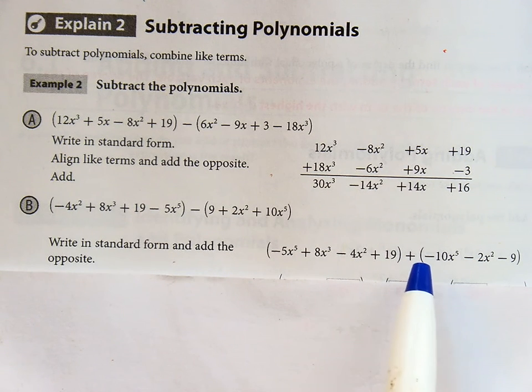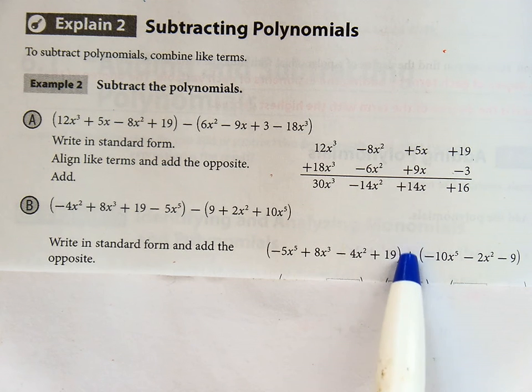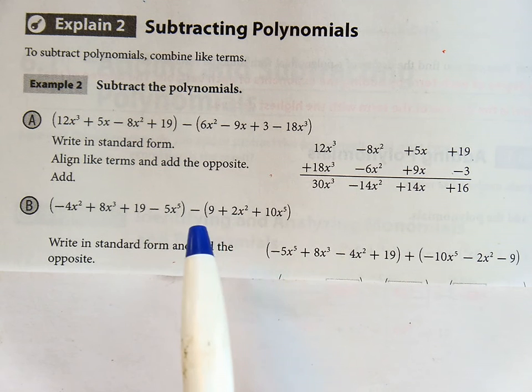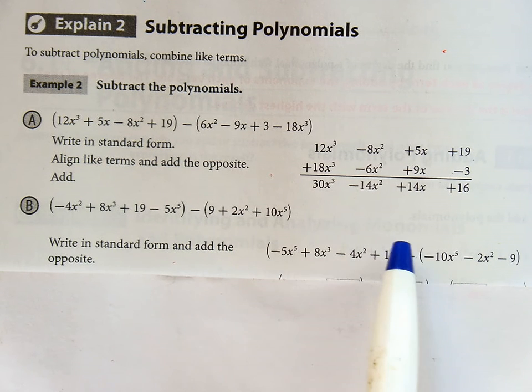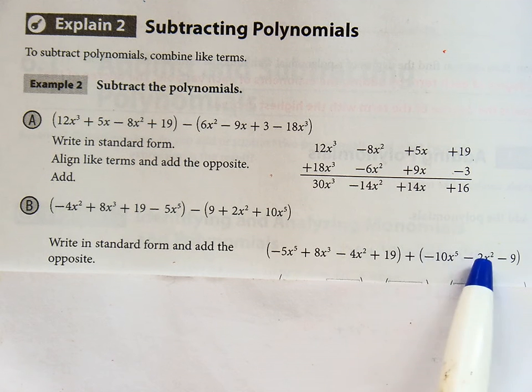So they went ahead and distributed that negative first, keeping it inside the parentheses. But this also then becomes a positive. This is an important difference here. Once you distribute that negative, technically it's plus whatever's inside that parentheses, even if it's a plus negative now.